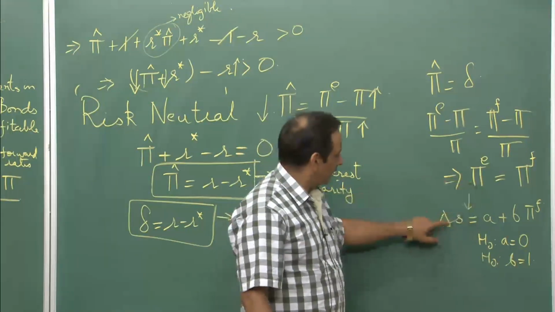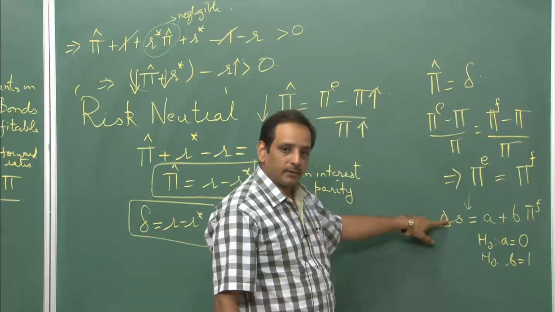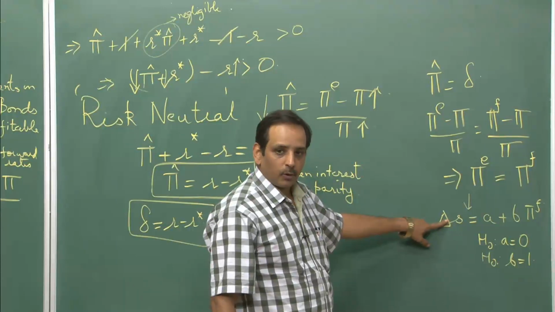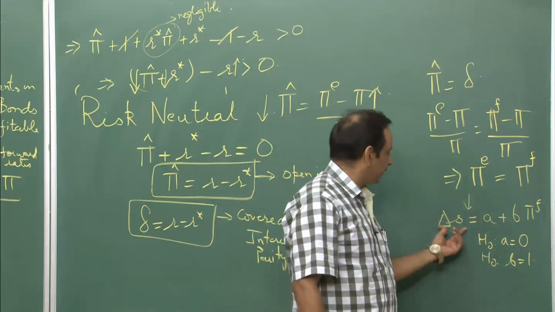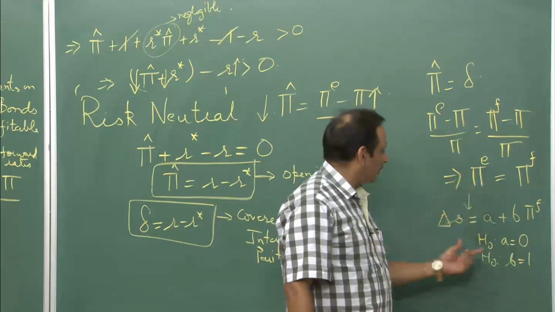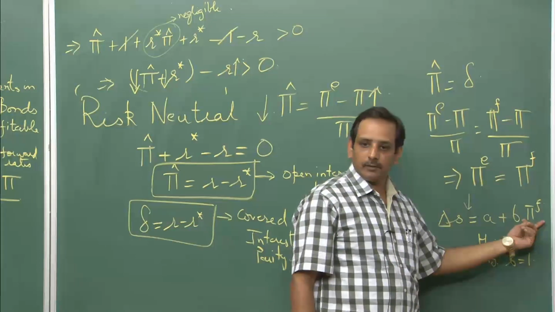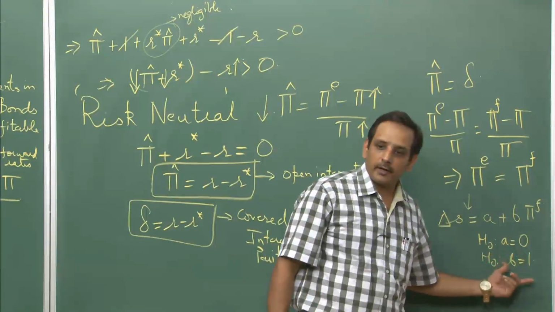The change in the spot rates is a poor proxy, but as a proxy for pi e, these data are available.